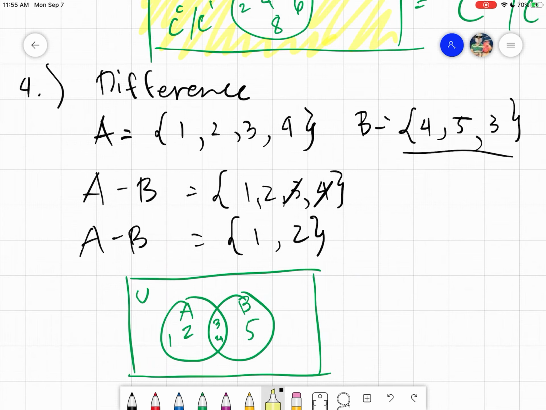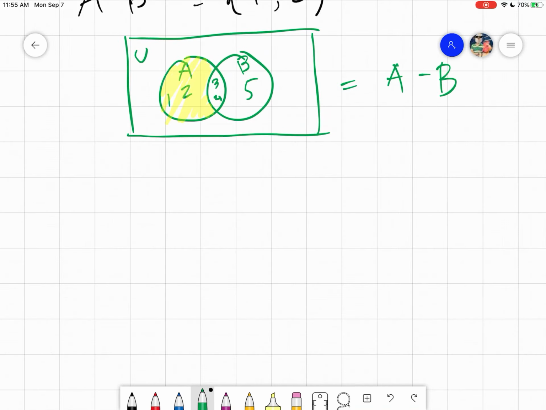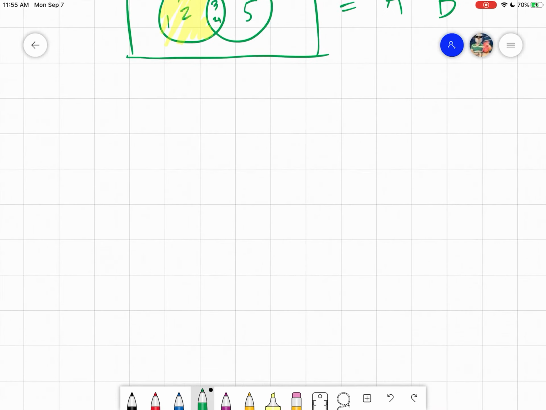At ito may 5 sa B. Ang isa-shade nyo itong given part lang na to. So, therefore, this is your A minus B. Inalis nyo lang yung laman ni B doon sa elements niya, sa set A.